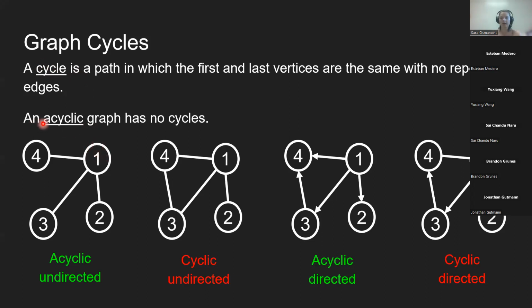So an acyclic graph has no cycles whatsoever. So if you think about this graph over here, we cannot have a path that starts with 1 and ends with 1, because 3 and 2 are not connected, 4 and 3 are not connected, and 4 and 2 are not connected. And you cannot do that starting with any of the vertices.